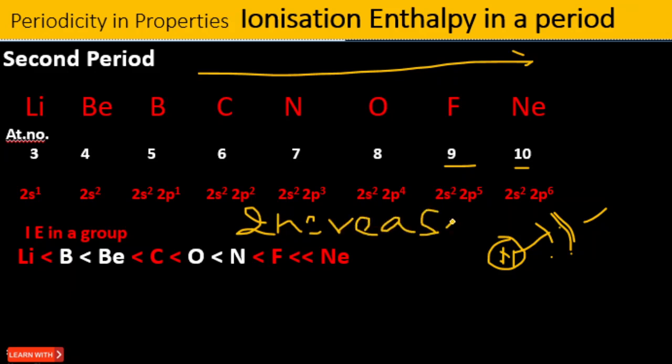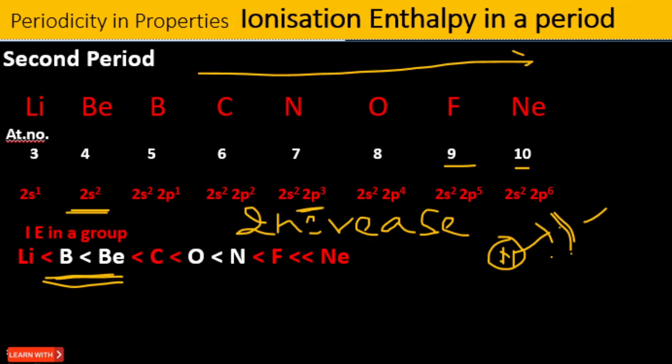But we have two anomalies. Beryllium has electronic configuration of 2s2, so it is stable, so it becomes more difficult to remove an electron from beryllium than boron. So boron has less ionization enthalpy than beryllium. Similarly, another anomaly is nitrogen.